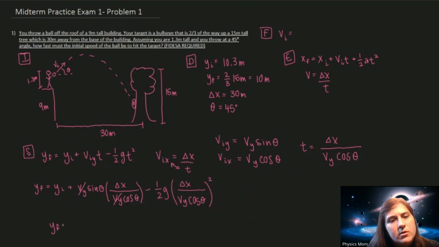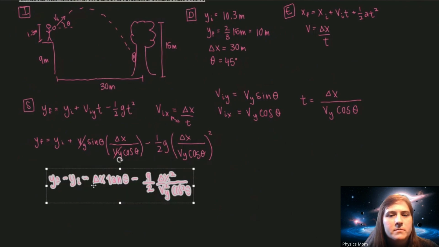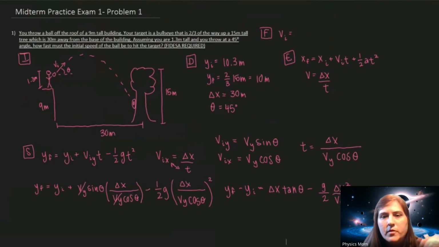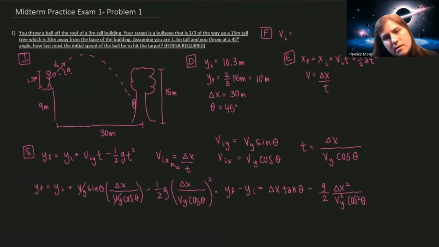So y final minus y initial is equal to delta x tangent theta minus g over 2 delta x squared over v squared cosine squared theta. So that looks a little messy, but we'll hopefully simplify it a little further. So that turns into that.